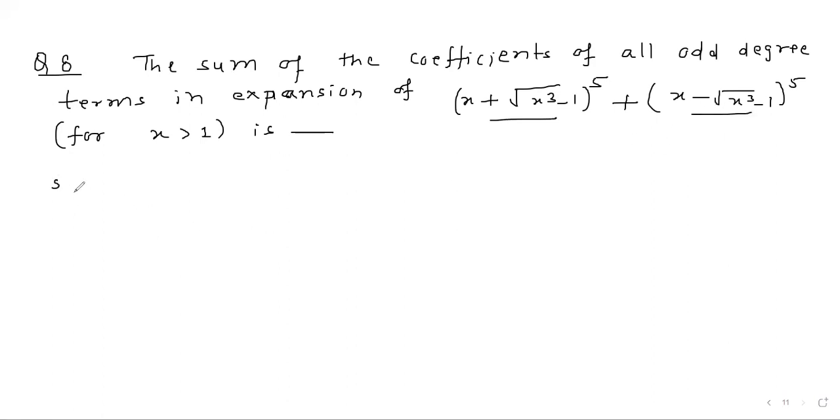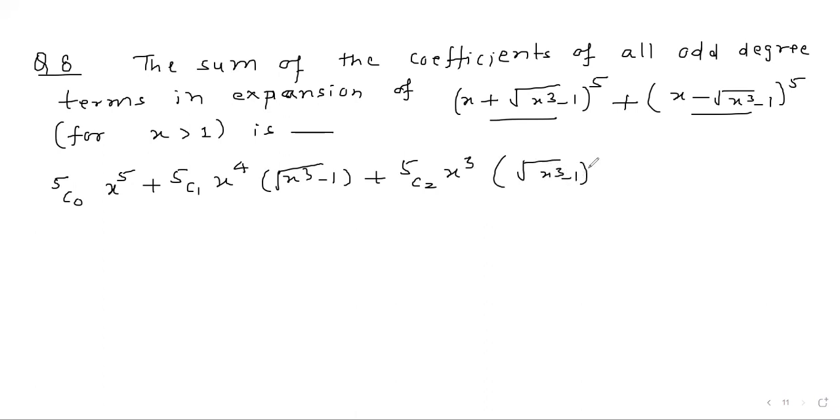So from here we will get 5C0 x power 5 plus 5C1 x power 4 times root of x cube minus 1, plus 5C2 x power 3 times (root x cube minus 1) whole square plus 5C3 x power 2 times (root x cube minus 1) whole cube, till fifth power.